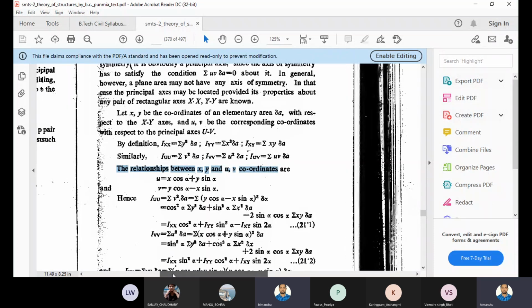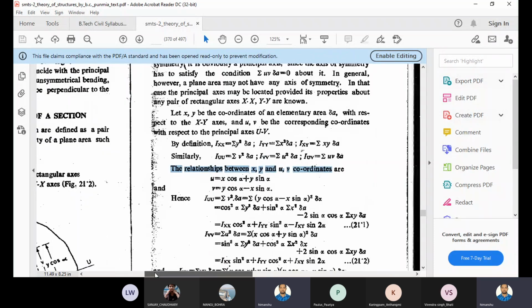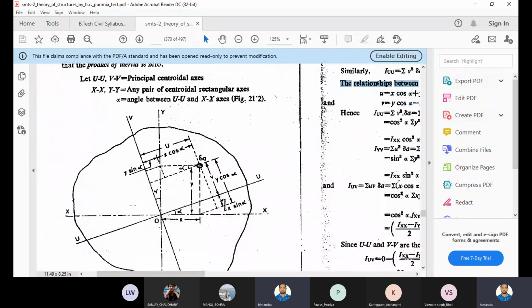It is already clear in this figure: v is y cos alpha minus x sin alpha, and u will be x cos alpha plus y sin alpha.